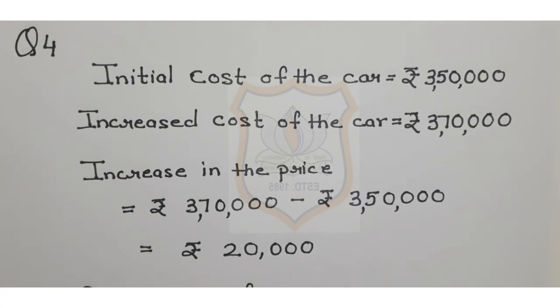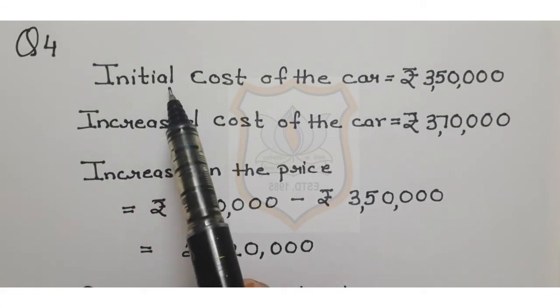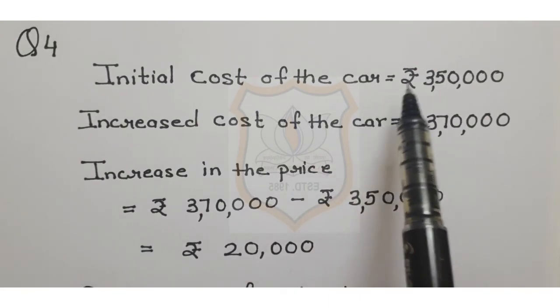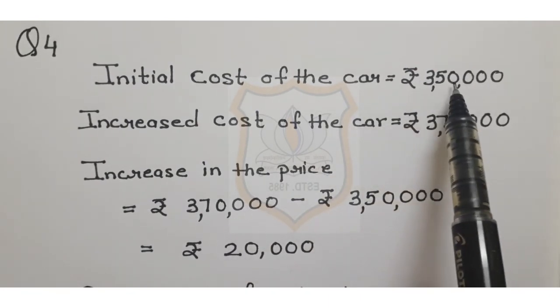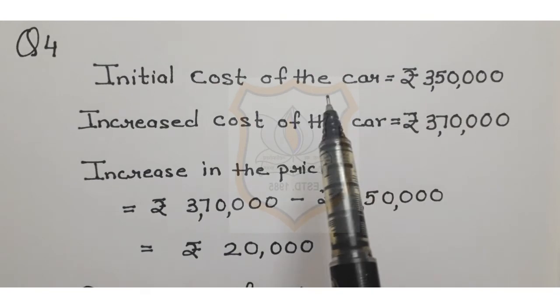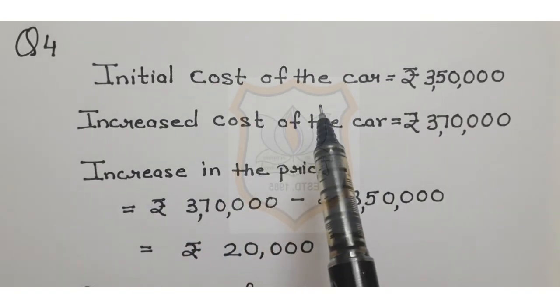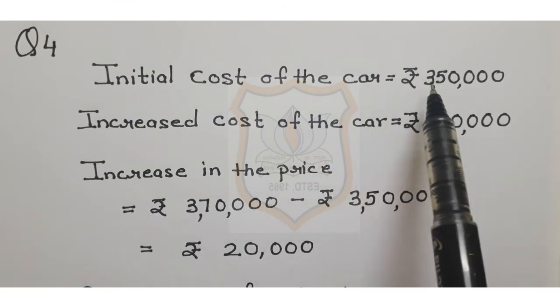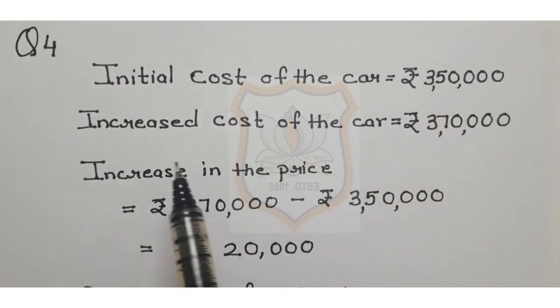This is the solution of question number 4, students. Initial cost of the car is equal to rupees 3,50,000. It means the starting cost of the car at which Arun bought it, rupees 3,50,000.